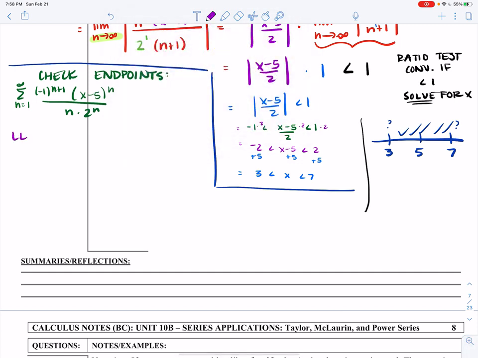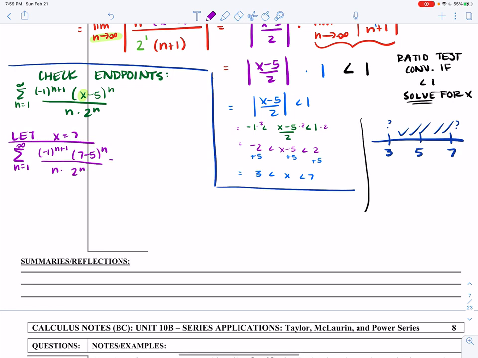So start, and we're going to let x equal 7. If I plug in 7 into this series where there's that x right there, I'm going to get -1 to the n plus 1, 7 minus 5 to the n over n times 2 to the n.